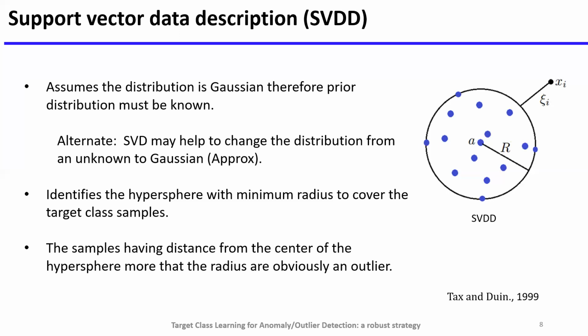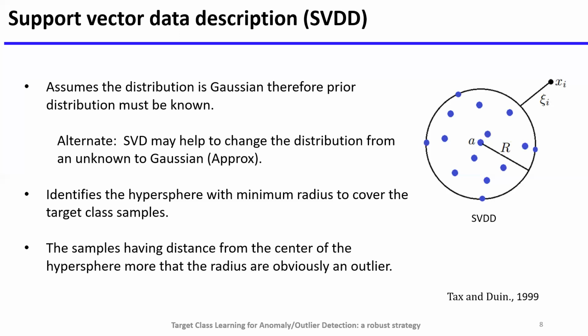If it is not, then we can still go for learning, because we have mechanisms like SVD, singular value decomposition, with the help of which we can change the distribution of data to Gaussian in some other latent space, such that all the similar points of the target class samples come closer and it is easy to draw one hypersphere.